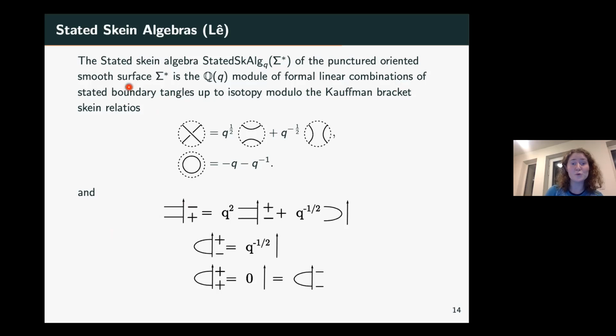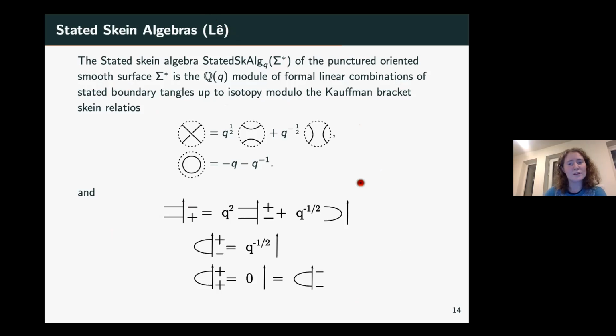If you impose these relations on these, and the standard isotopy, you get something called a stated Skein algebra, which was defined by Lê a few years ago.